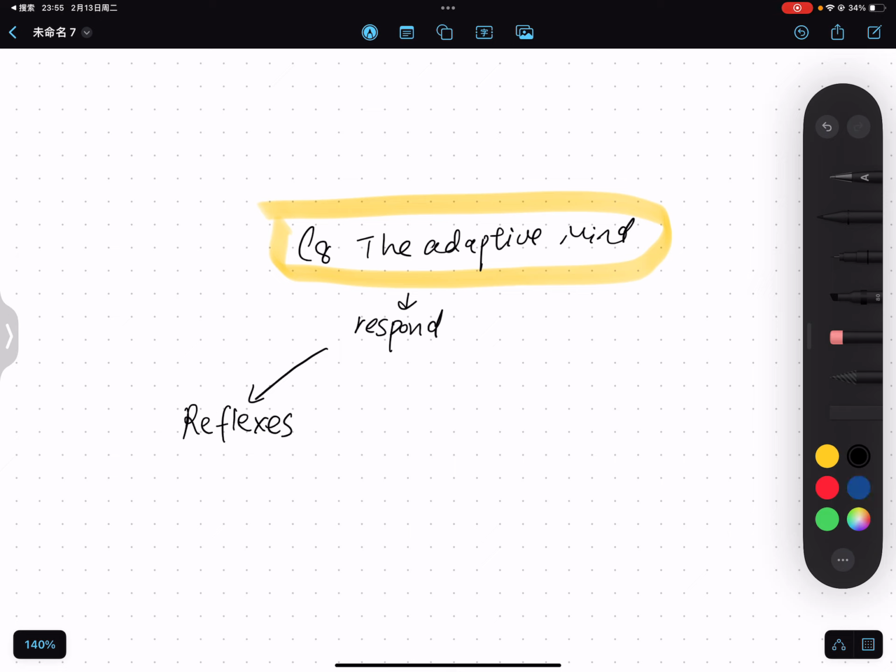Reflexes are involuntary and inevitable ways to study. They are mostly operated by our nervous system circuit, located in our brain, brainstem and cord, and I talked about it in chapter 2.